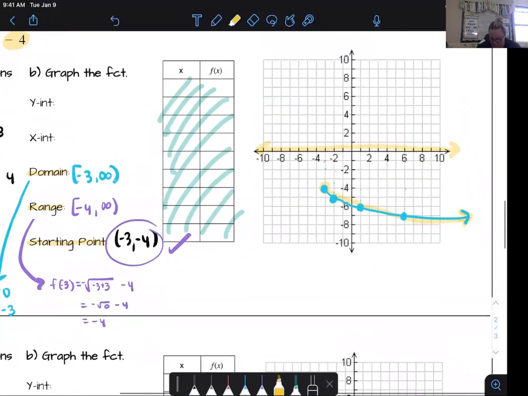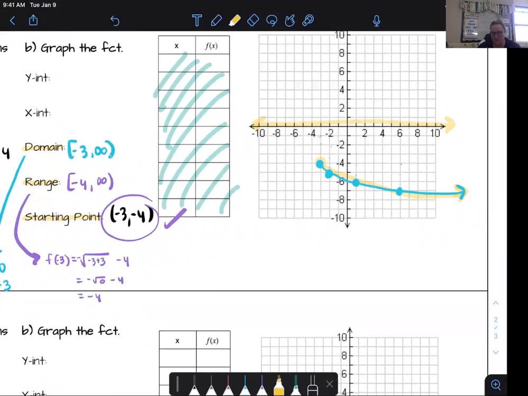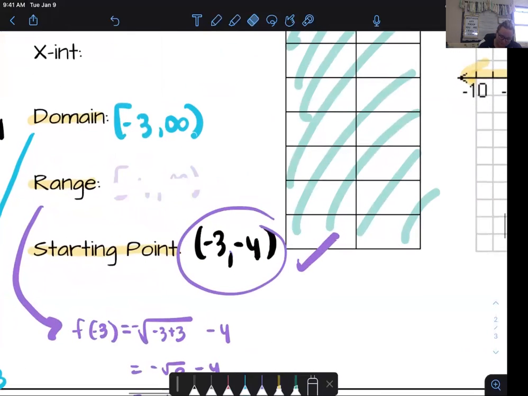Oh, actually, I just realized I made a mistake in my range. Because our y values went from being positive and are now negative and are going to continue getting more and more negative, we actually need to fix this range.